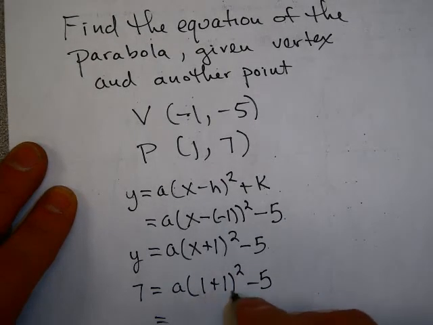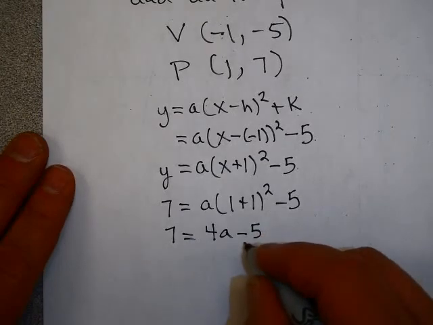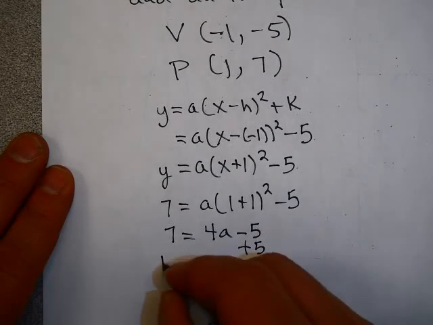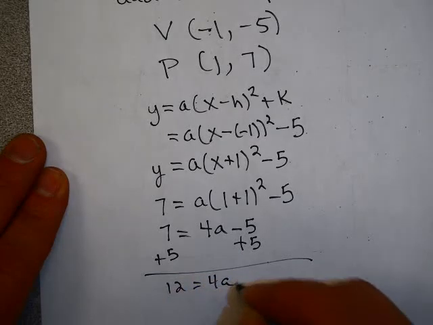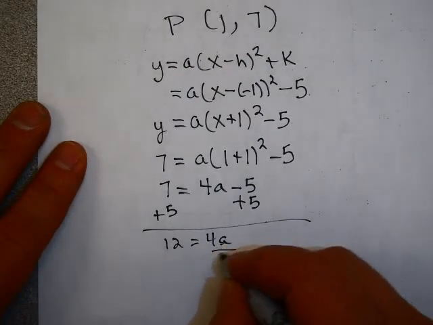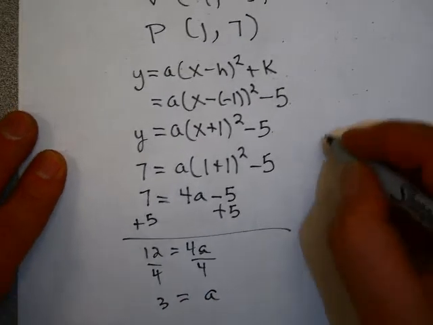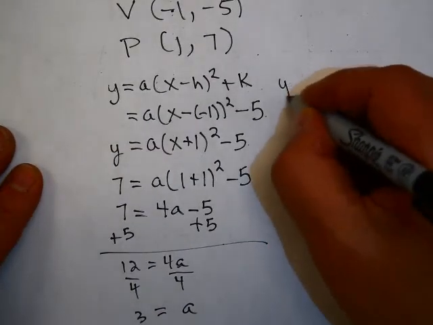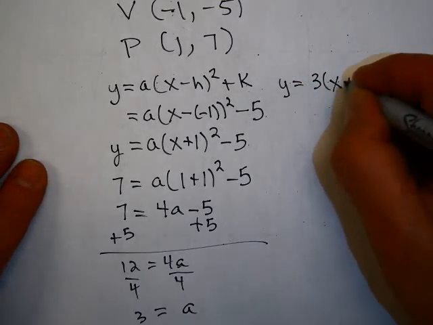Doing the arithmetic here, this is 2 squared, or 4a minus 5 equals 7. Add 5 to both sides. Divide by 4. And a equals 3. So my final equation is y equals 3(x minus negative 1), or (x plus 1) squared, minus 5.